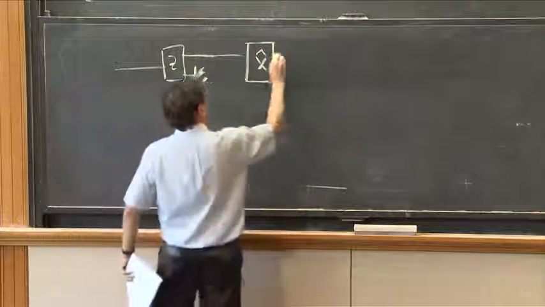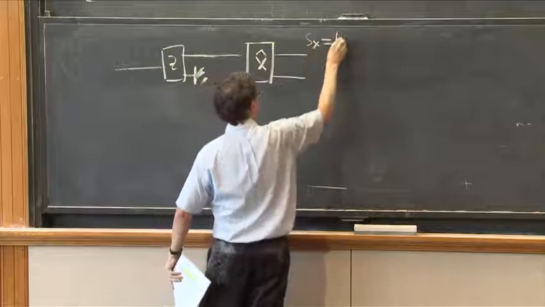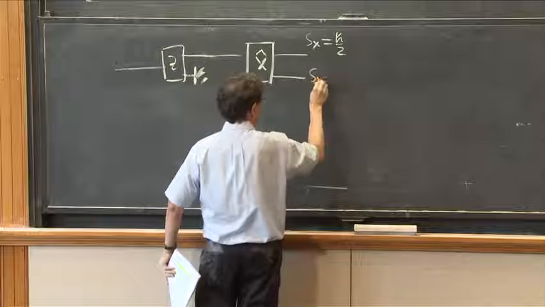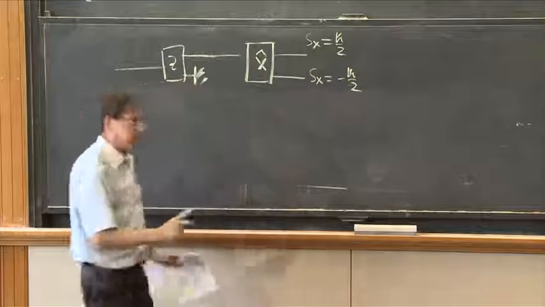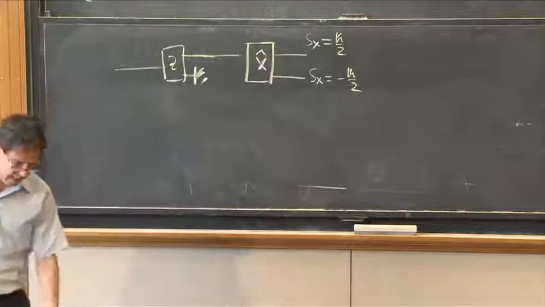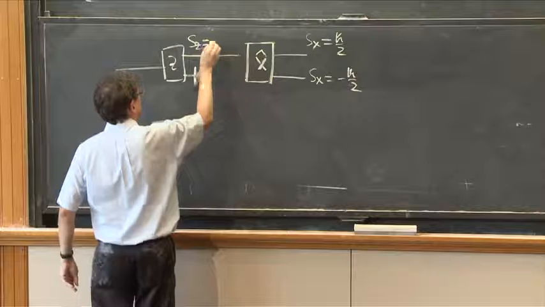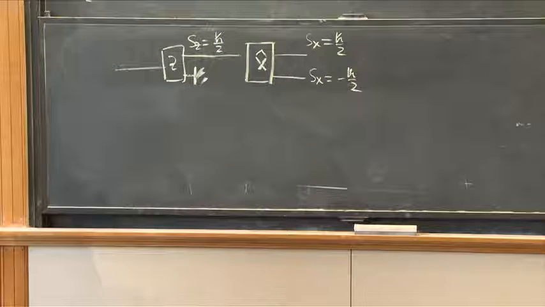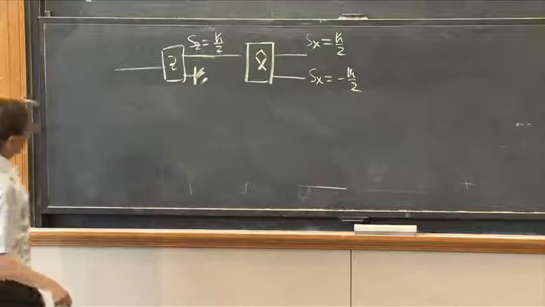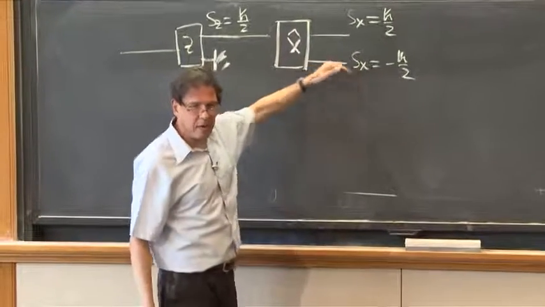And what actually happens is that you would get states with Sx equal ħ/2 and Sx equal minus ħ/2, because it's an X filter. The magnetic field is aligned in the X direction. Now all these things have Sz equal ħ/2. And what happens in the experiment is that 50% of the particles come out here and 50% come out there.